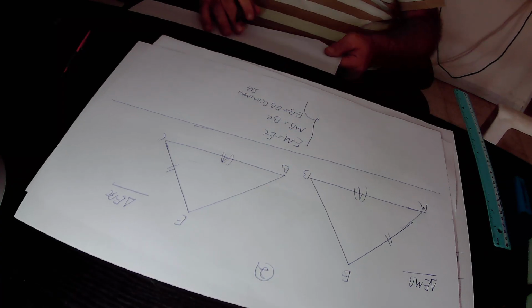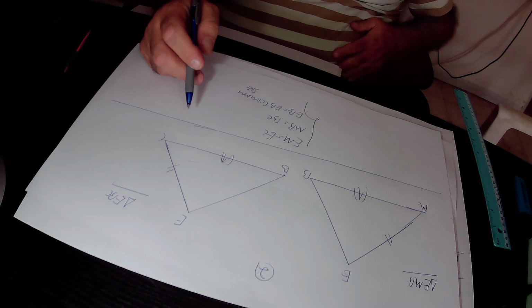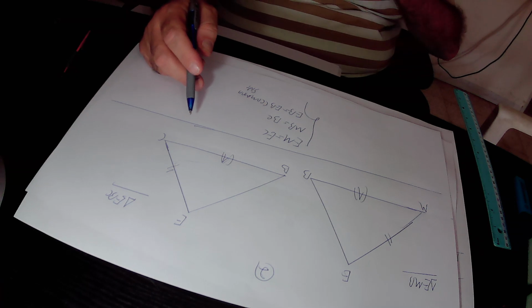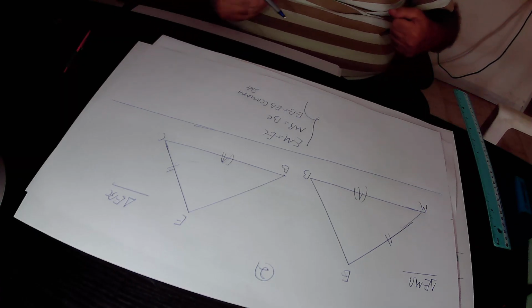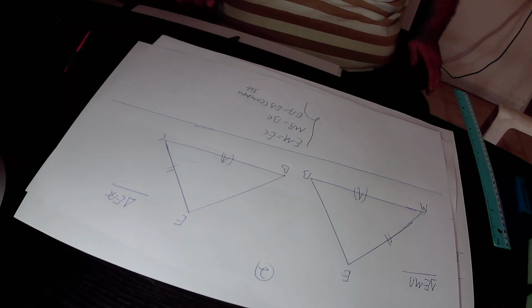If you prove that all three sides of triangle ECB are correspondingly equal to all three sides of triangle EMB, then those two triangles can go into each other according to the side rule.